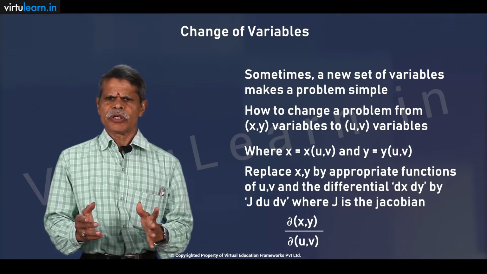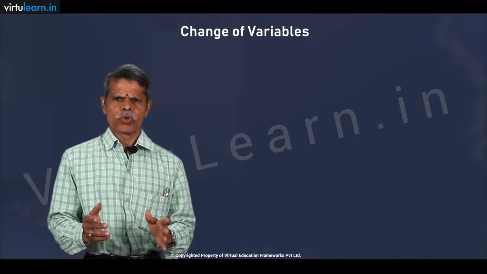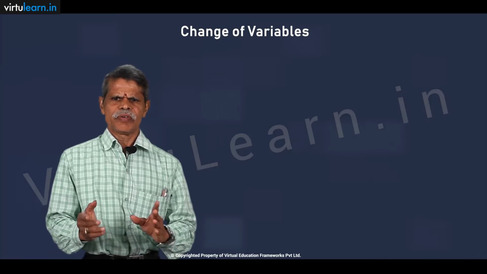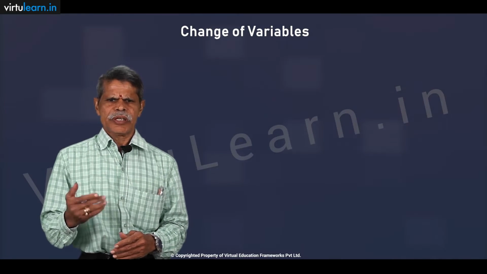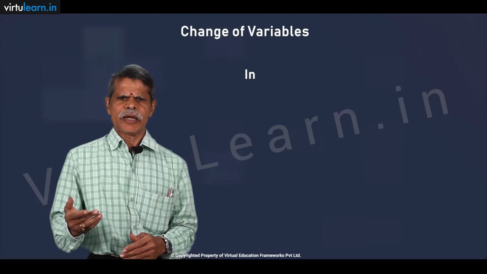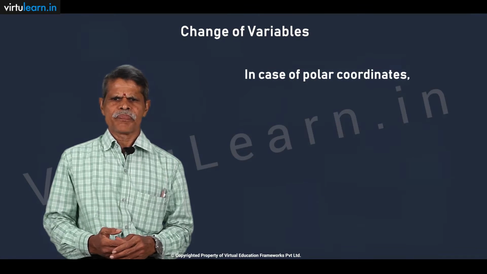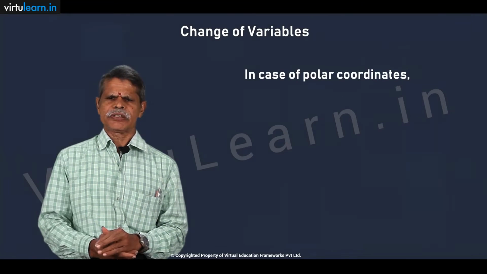We know the meaning of the Jacobian. It is actually the determinant with elements row wise dou x by dou u, dou x by dou v, dou y by dou u, dou y by dou v. Let us now see how to convert from Cartesian coordinates to polar coordinates. x, y are the Cartesian coordinates, r, theta are the polar coordinates.